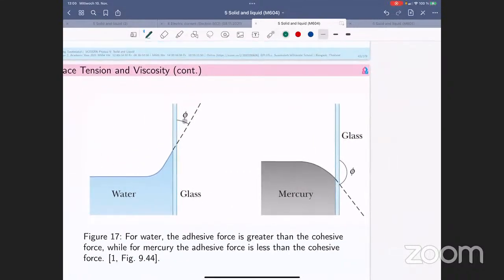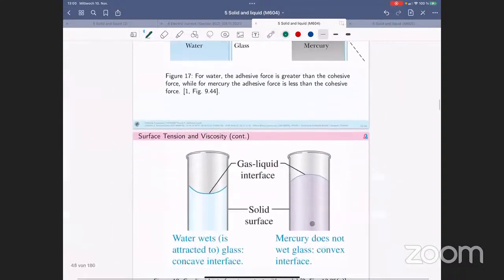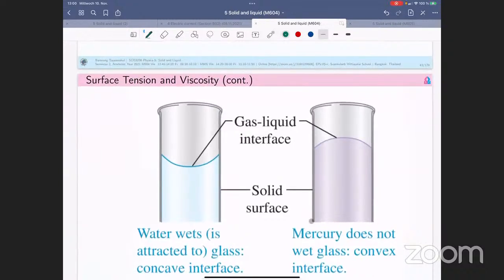You can see that this angle is less than 90 degrees, and this one is greater than 90 degrees. The gas-liquid interface and solid surface: in the mercury we have a convex interface, and here is concave. It's different.